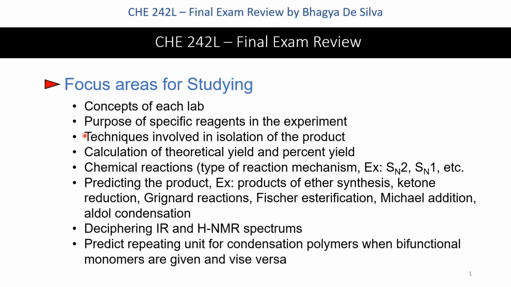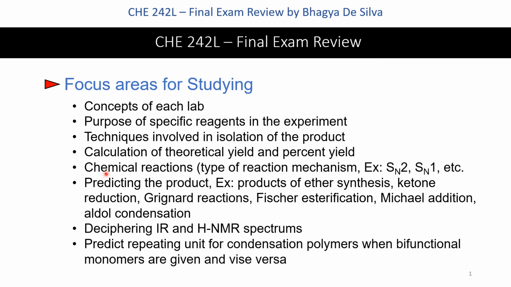For all of these, practice predicting the product if you were given the starting material. Or in some cases, you could be given the final product and asked to predict what were the starting materials.